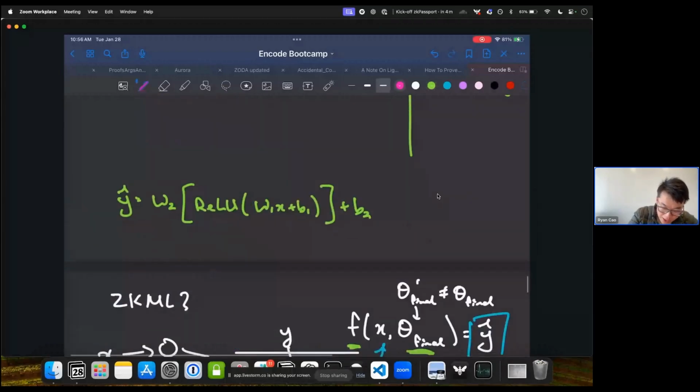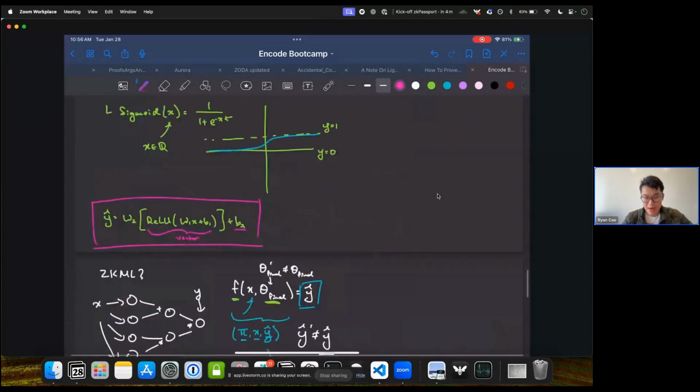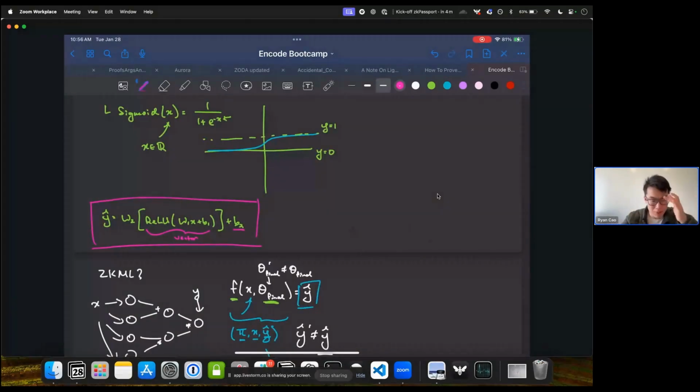It's y hat equals w2 times this thing, which by the way is just a vector, plus b2, which is a vector. So always in these neural nets, you have these giant matrix vector multiplications, which are just matrix multiplications where the second matrix is a vector. And so we're going to take a look very quickly at how to do a matrix multiplication using Sumcheck, which is something that you can then use in GKR.